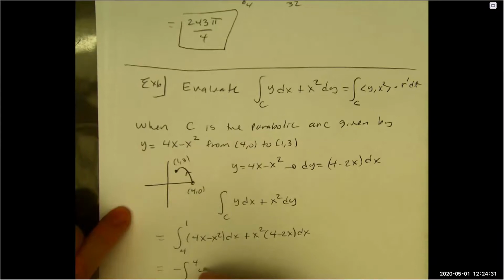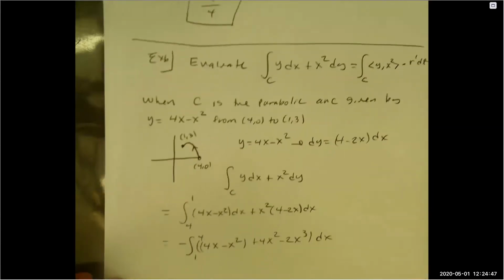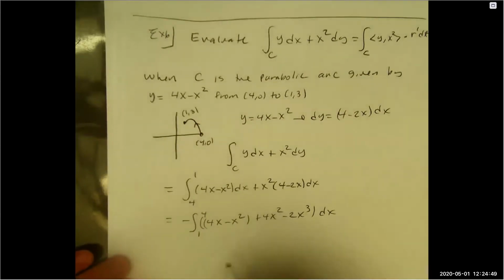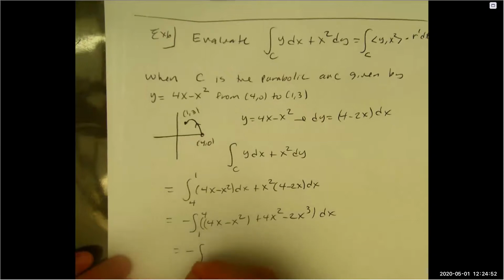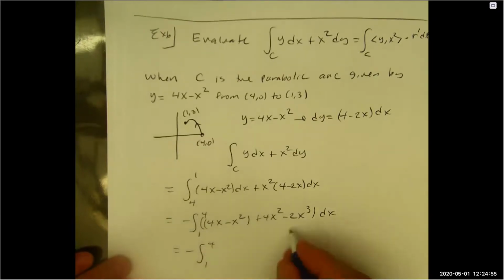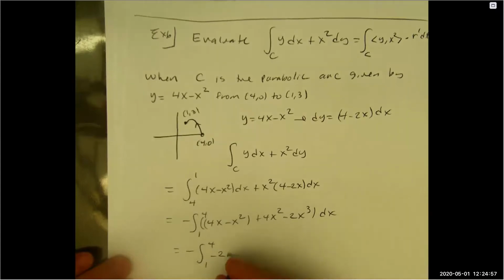Then we're going to have 4x minus x squared plus 4x squared minus 2x cubed, and then we take the dx out. Let's see, maybe we can do some combining and rearranging. So we're going to have a minus 2x cubed, and then here a 3x squared, and then a 4x.